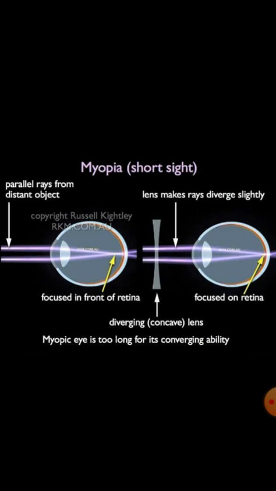Due to this, concave lens forms a virtual image of the distant object at the far point of the myopic eye. Now, light rays appear to come from the far point of the myopic eye and the image of the object can be easily focused on the retina.